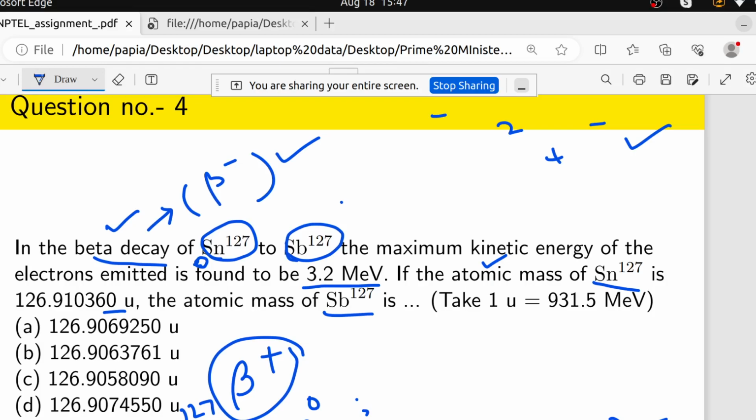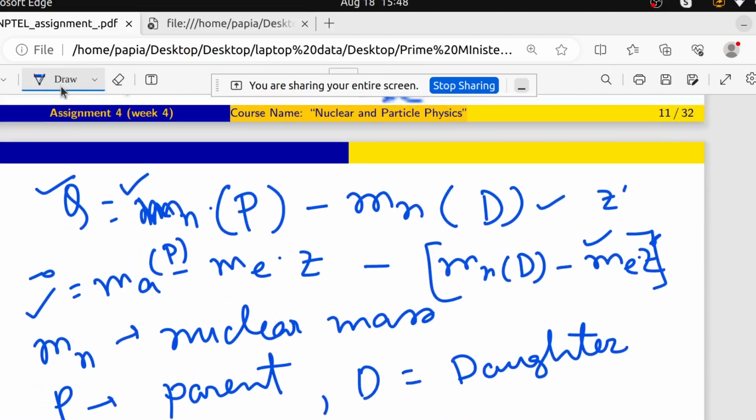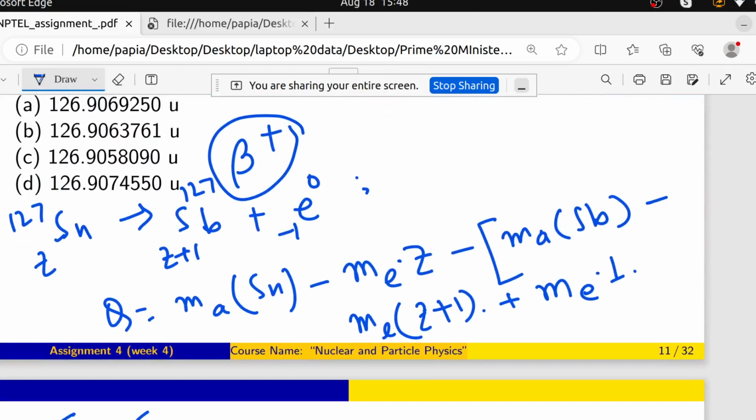So these two together are nothing but Mn of Sb. Now also there is Me of e, because there is only 1 electron. So this will be the expression in terms of atomic mass.